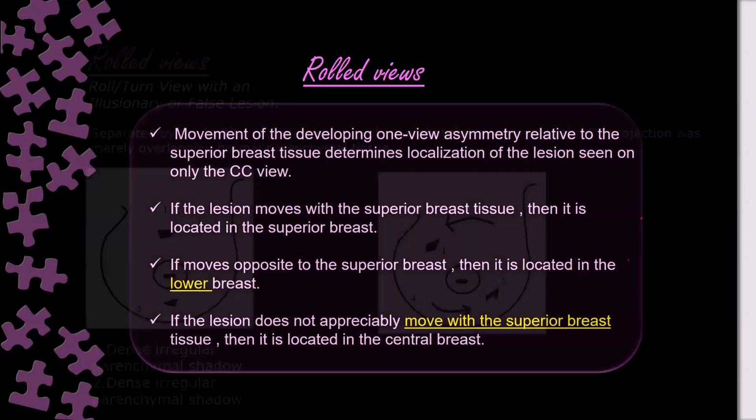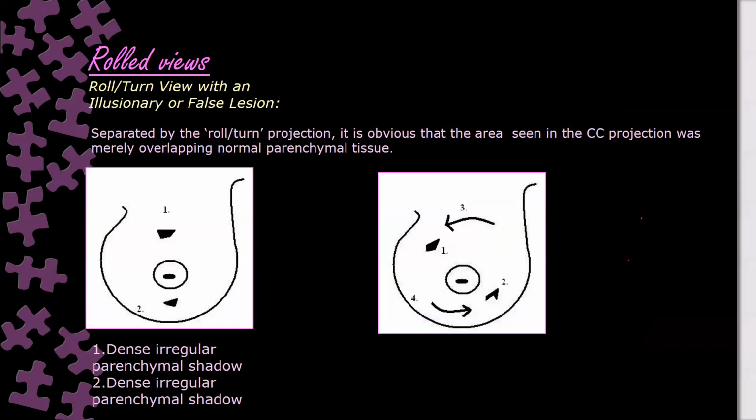Okay? Let us just take these 2 examples. Look at this one. There is dense irregular parenchyma here, and in the inferior breast, dense irregular parenchyma. So on the CC view, these will be superimposed and will appear as an area of asymmetry. I'm not sure where exactly. It might be one up, one down, but it's not clear to me.